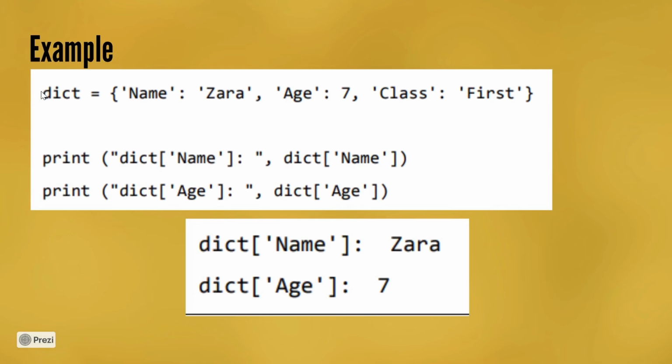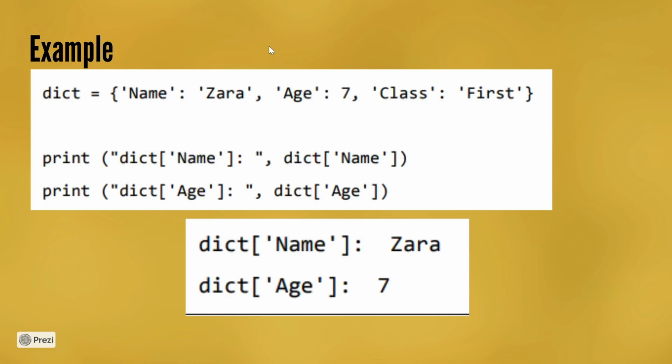You can see we are defining one dictionary as dict, which is equal to: name is a key whose value is Zara. Age is a key whose value is 7. Class is a key whose value is first.